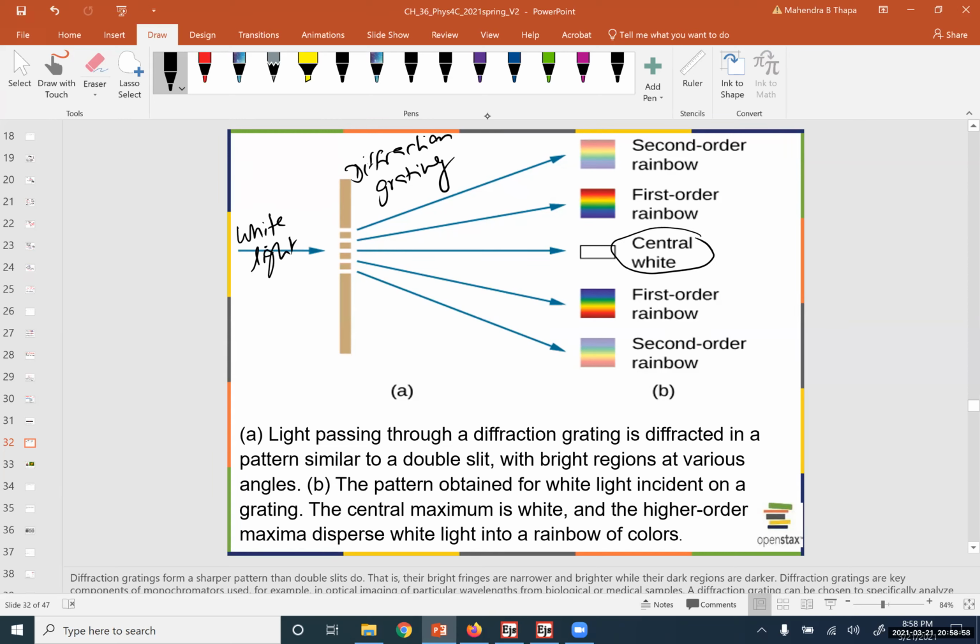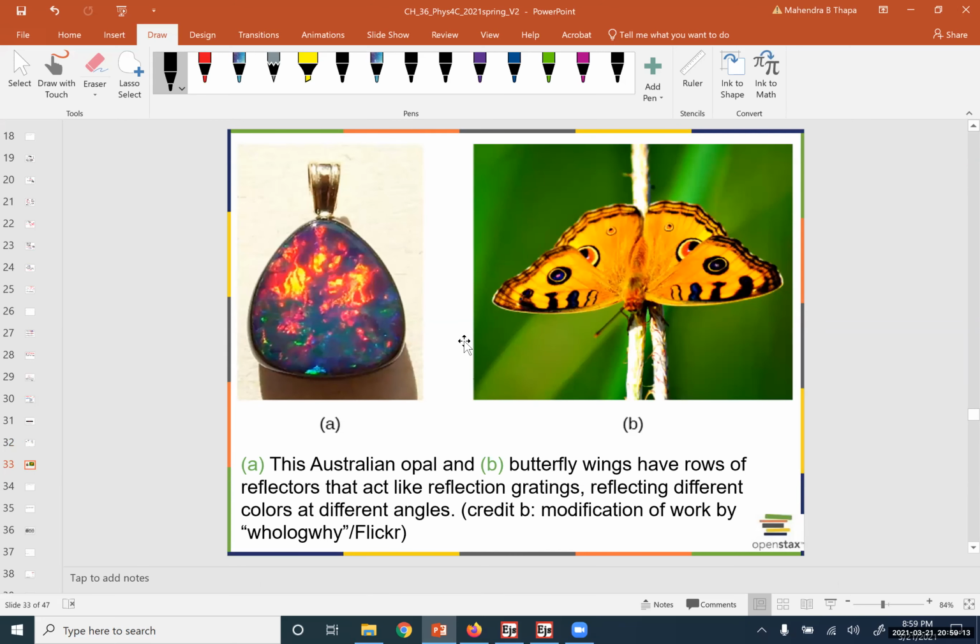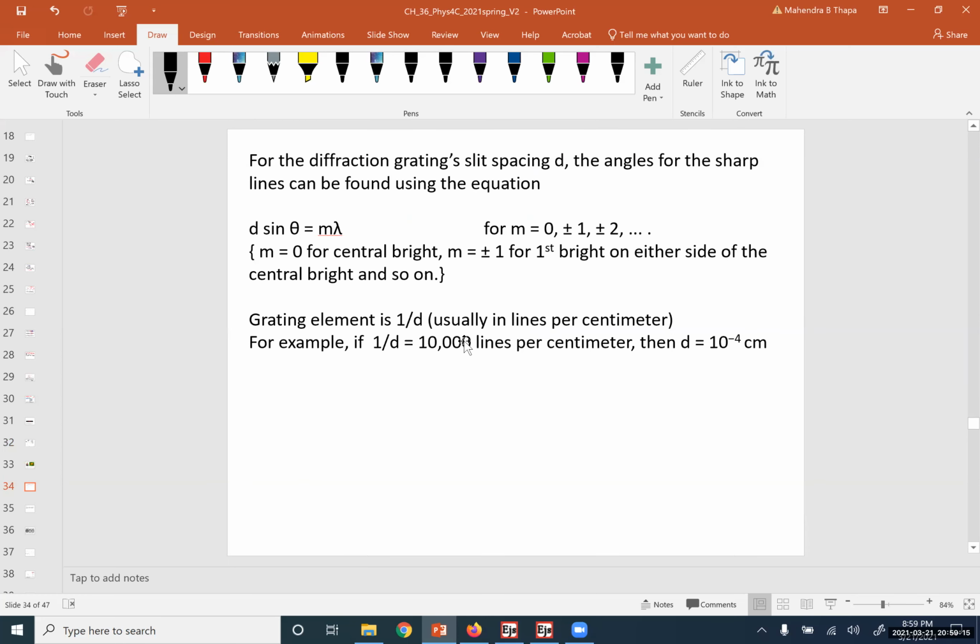After that, we'll see colored bands, this is the first order, on both sides, then we get the second order, and it keeps going like this. These are the examples of this diffraction.